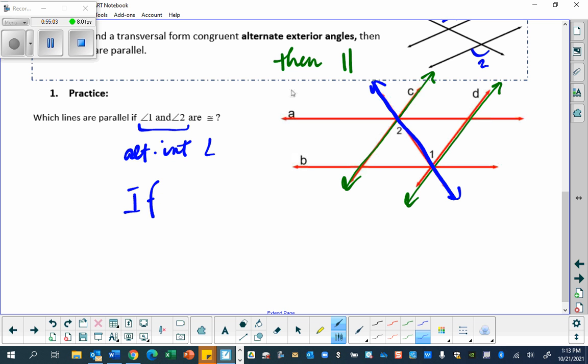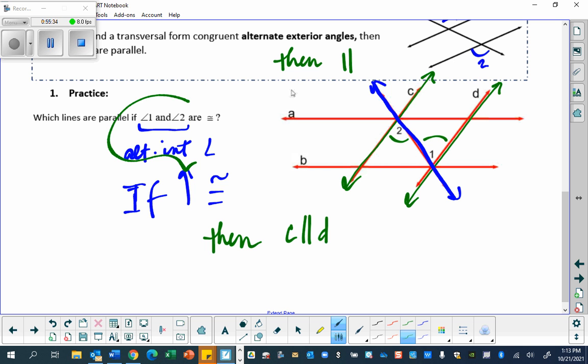If those two angles are congruent, then what can I say? If angles 1 and 2 are congruent, which two lines are parallel? Yeah, then C is going to be parallel to D. Yeah, this arrow is pointing to this being a true statement, if 1 and 2 are congruent.